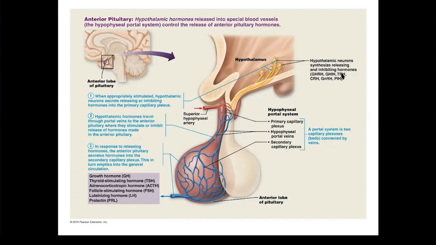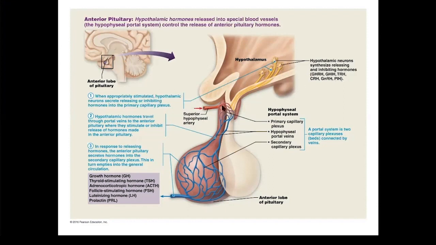Thyrotropin releasing hormone that regulates the release of TSH or thyroid stimulating hormone. Corticotropin releasing hormone that regulates the release of ACTH. Gonadotropin releasing hormone regulating the release of FSH and LH. And prolactin inhibiting hormone regulating the release of prolactin.